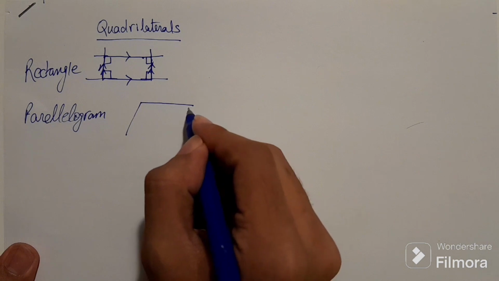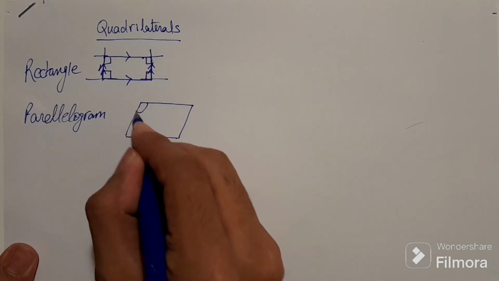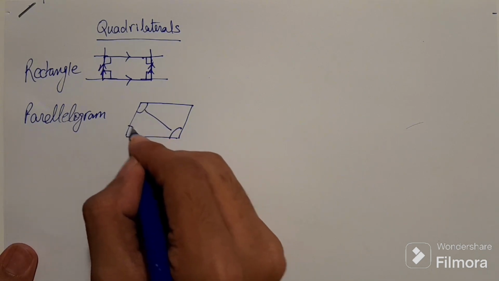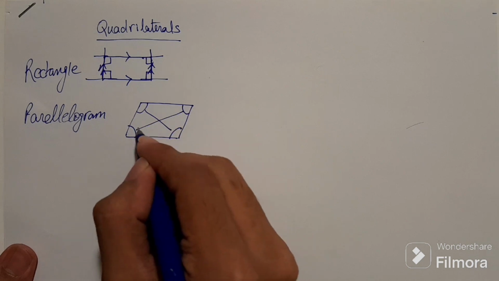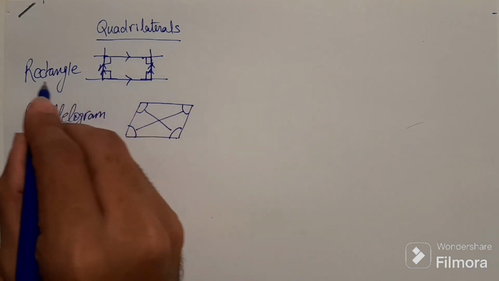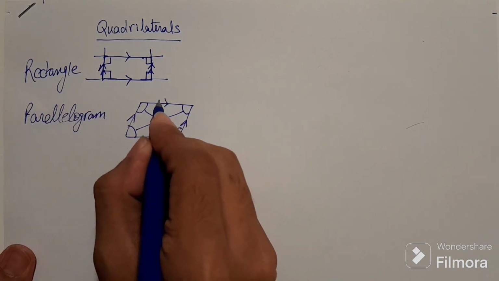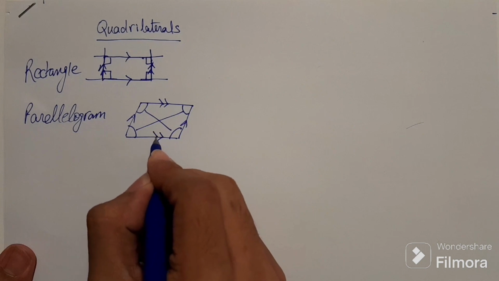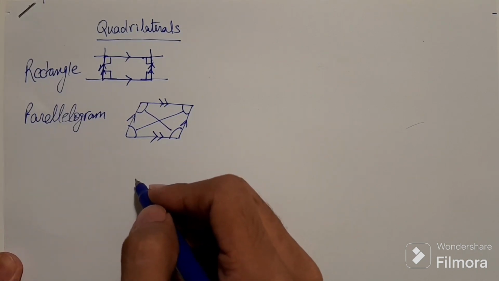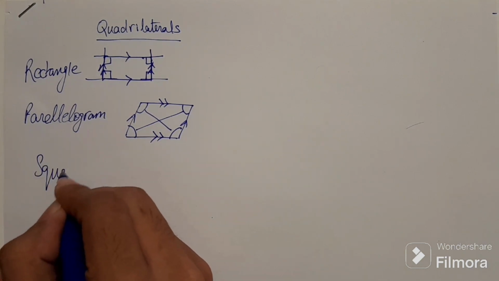So this is a parallelogram, and this angle which is opposite to this one is equal, and this angle which is opposite is equal, and all other properties are same as a rectangle, which is this is parallel, this and this is also parallel. This is a parallelogram.